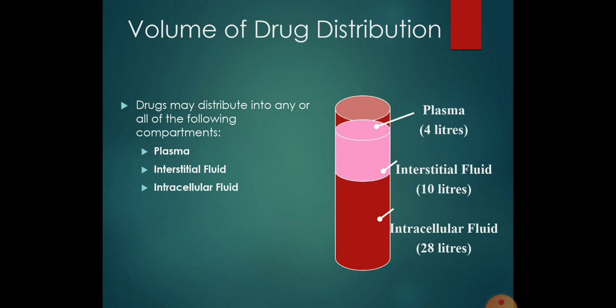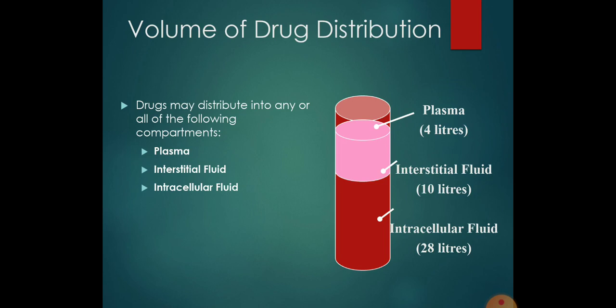Now, our body is considered to be a multi-compartment model, and as it has been shown here, plasma contains around 4 liters of fluid, whereas interstitial fluid is around 10 liters and intracellular fluid is around 28 liters. So in total it is around 42 to 45 liters of total fluid available in our body. Drugs may distribute into any one of the following components, either plasma, interstitial fluid, intracellular fluid, or among everything.